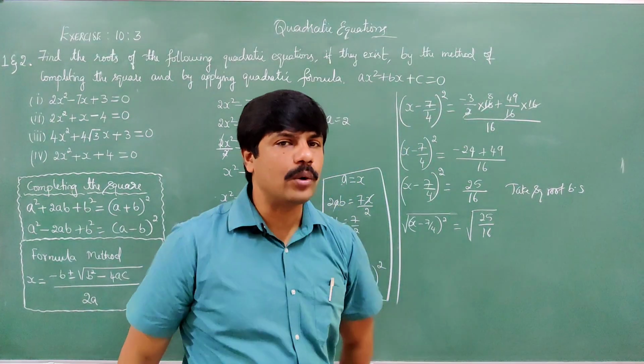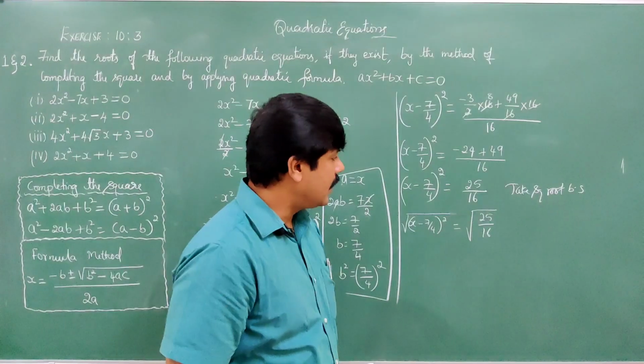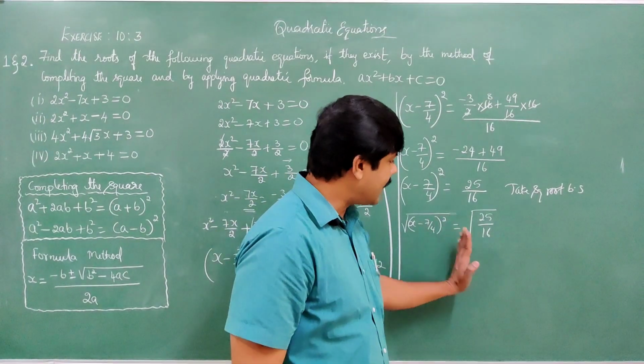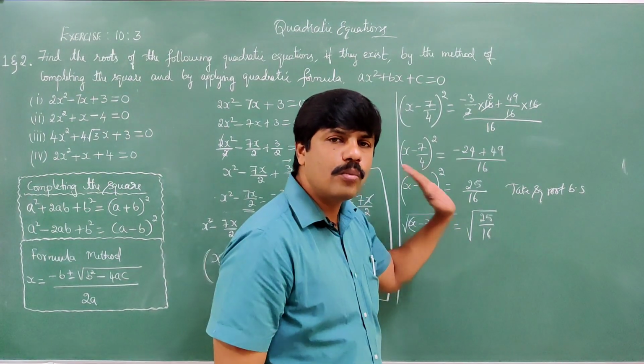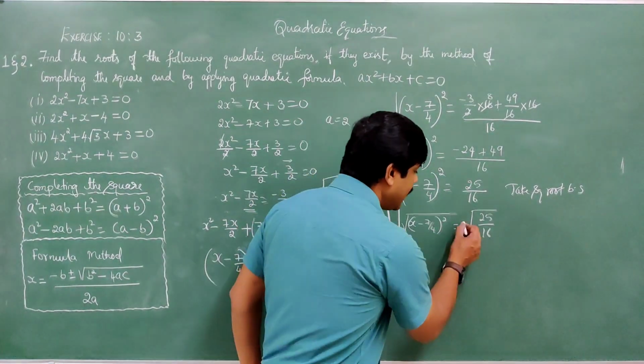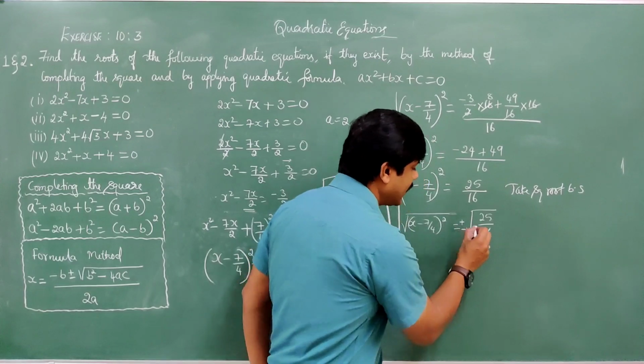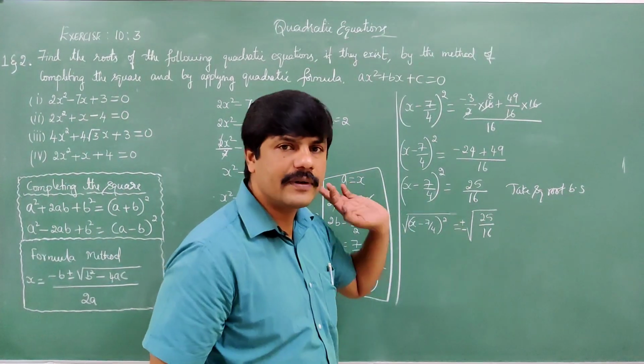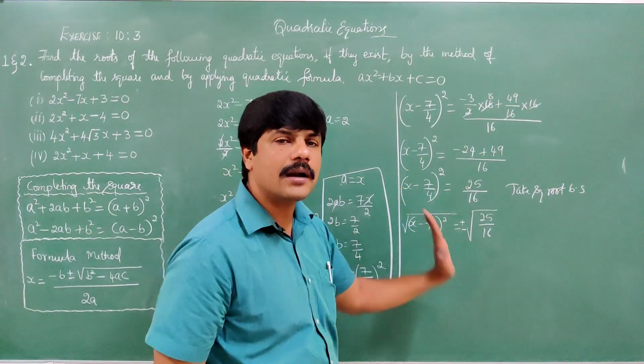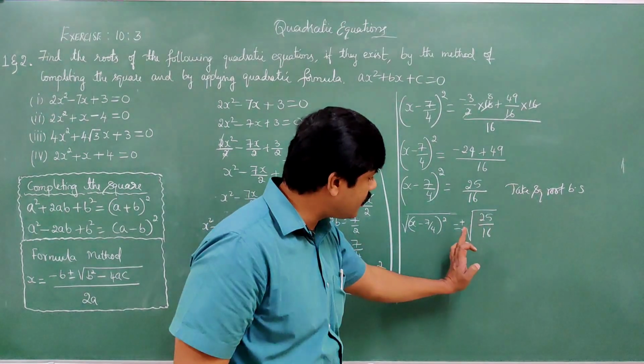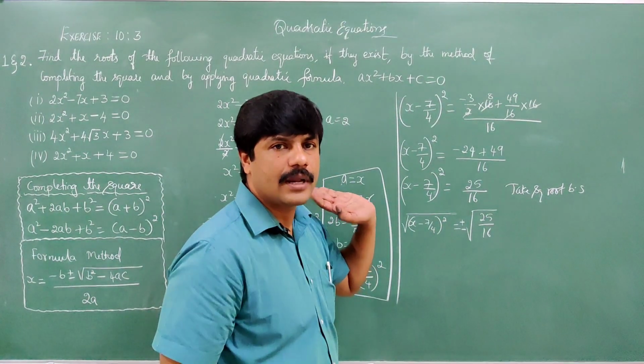One important point to be noted is, if you are writing the square roots, you must maintain plus or minus. This plus or minus is very, very important. Whenever you are taking square roots, the constant you make it plus or minus. Why, I will tell you.